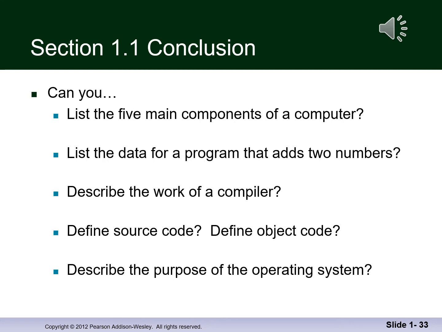Can you define source code? That's the code we're going to write in C++. Object code is the executable, the code which is executable by the processor, the program that actually runs. And can you describe the purpose of the operating system, it being a traffic cop handling input, output, processing, storage, the interface between hardware and the software and the end user?